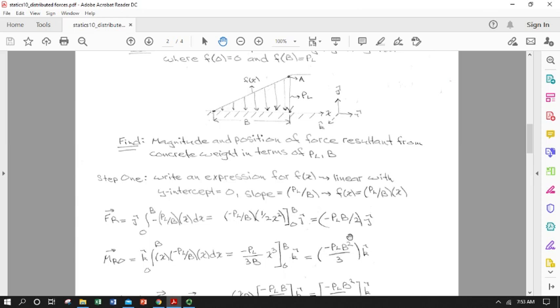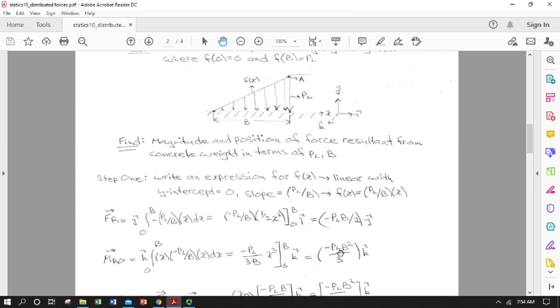And if you have looked at a center of mass table, or centroid table actually, the centroid of a triangle is located 1/3 of the way from the tall end, so it would be somewhere right about here. So it's 1/3 of the length coming from the tall end.